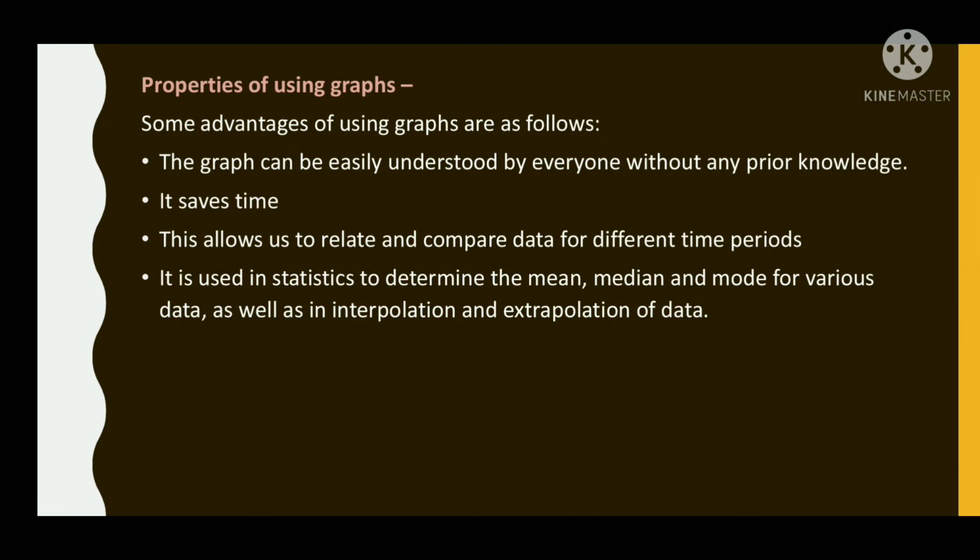The graph can be easily understood by everyone without any prior knowledge. Then it saves time. This allows us to relate and compare data for different time periods. It is used in statistics to determine the mean, median, mode for various data, as well as interpolation and extrapolation of data.